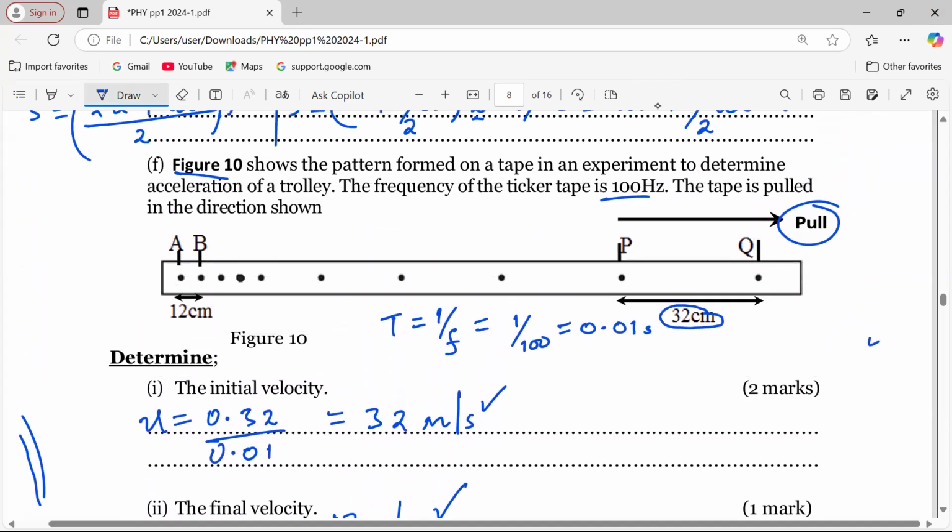For us to get time, we need to take the periodic time multiplied by the number of intervals here, and this is how we count them. I want people to be very alert in this case. Between the two regions, between B and P, we count the complete spaces here. So there is 1, 2, 3, 4, 5, 6, 7.